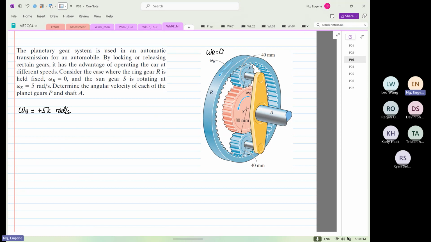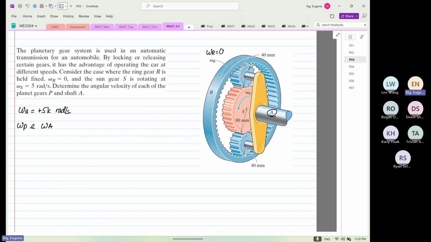Determine the angular velocity of each of the planetary gears P and the shaft. So we want to determine our omega P and our omega A. So this is our A, right? And A is the shaft.